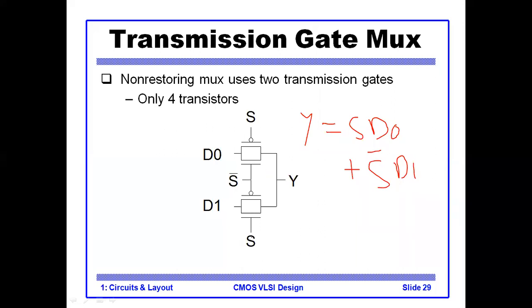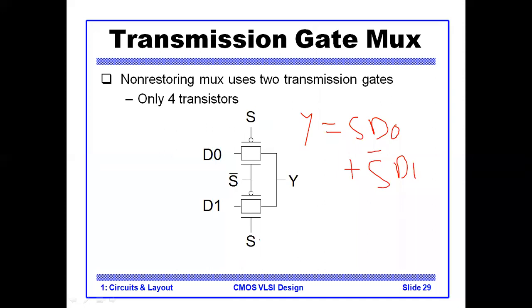Okay, same again in the case of D1. When S is 0, S bar is 1, and 0 to the PMOS will turn it on, and D0 will appear. So in the second case, when S is 1, the PMOS type transistor gets 1, so D0's gate will be off.